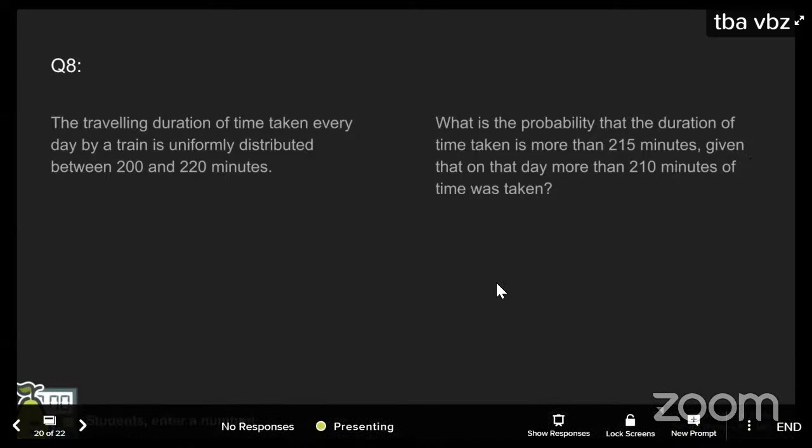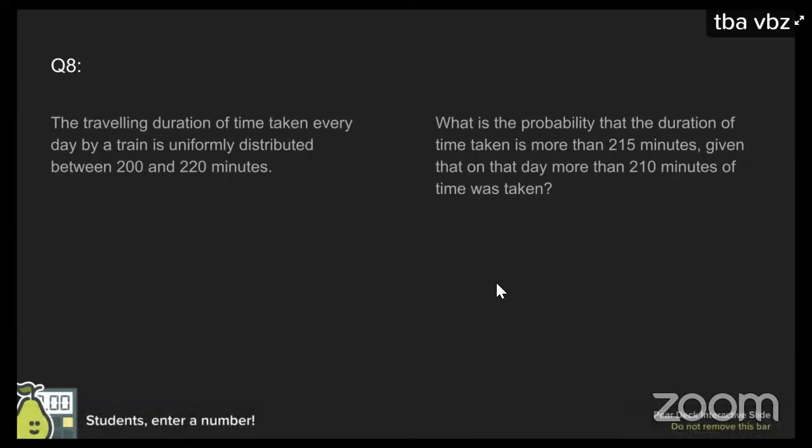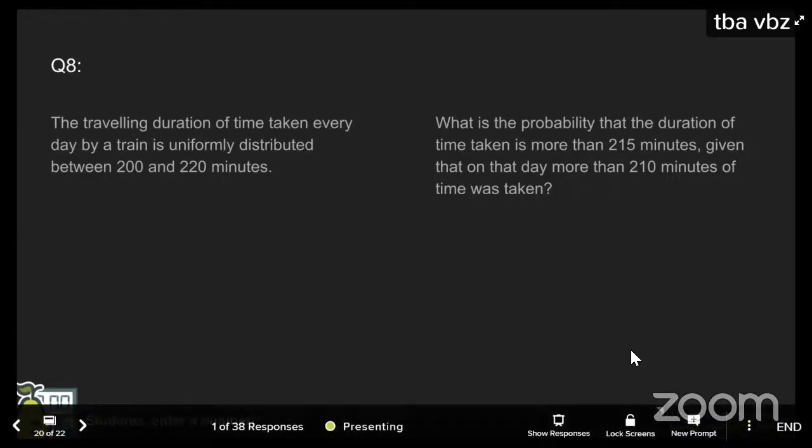So it is a kind of mixture of uniform and conditional probability, and you might see similar contextual questions in quiz or NTEM as well, where you will have distributions and conditional probabilities you have to compute. So you give it a try.